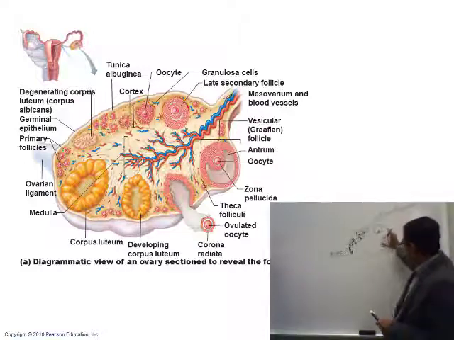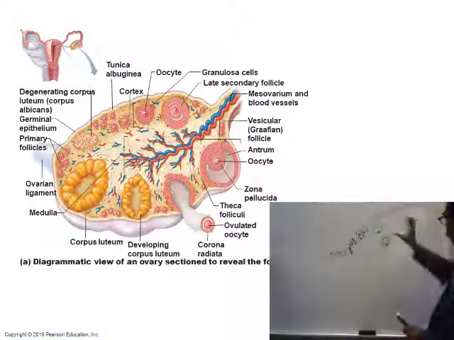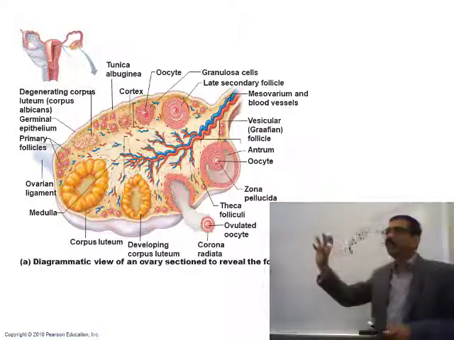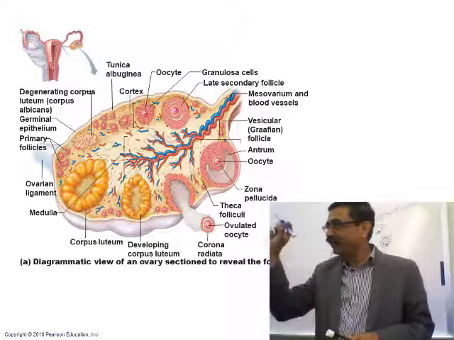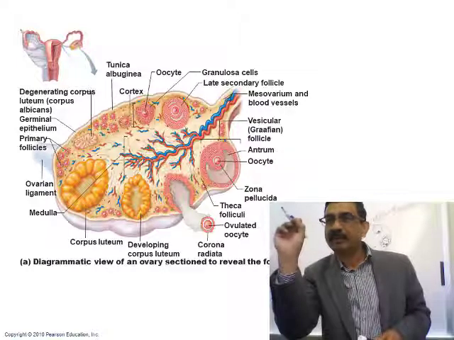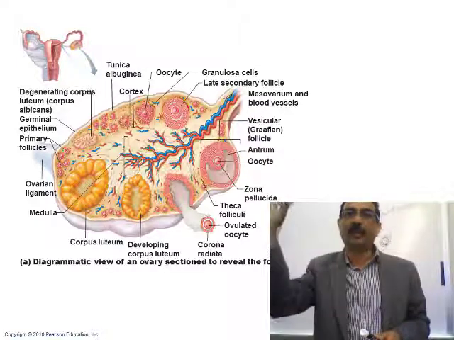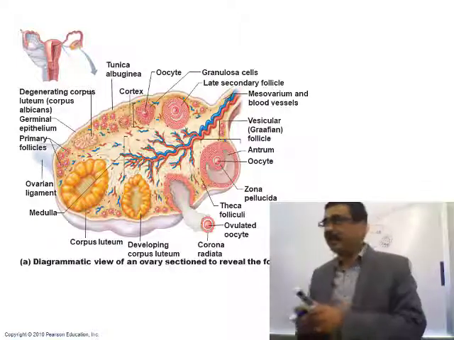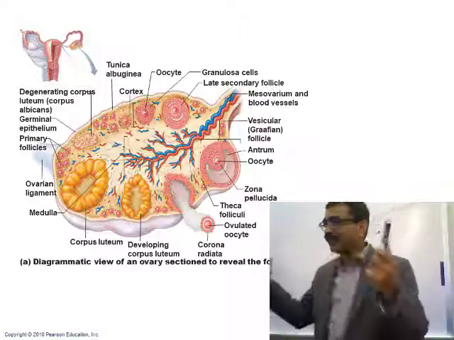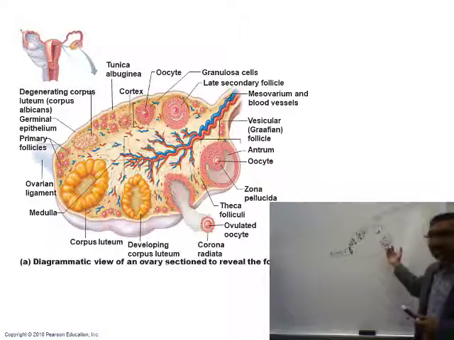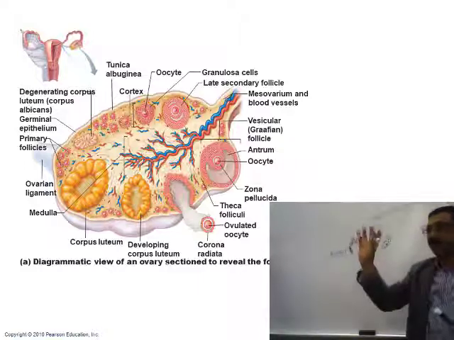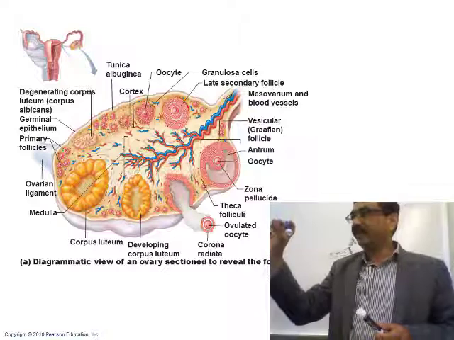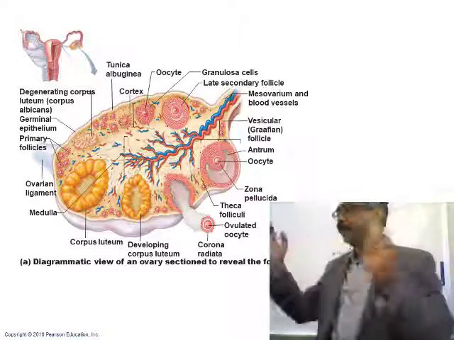The most mature follicle has a lot of fluid inside, and it is pretty large. So it's like a ripe fruit. You know, fruits start from a tiny structure, then gradually get big, and when it's ripe, it's soft, right? And ruptures to release the seed, right? Exactly the same thing. Gradually getting bigger, and a lot of fluid accumulates inside, and at one point it ruptures.